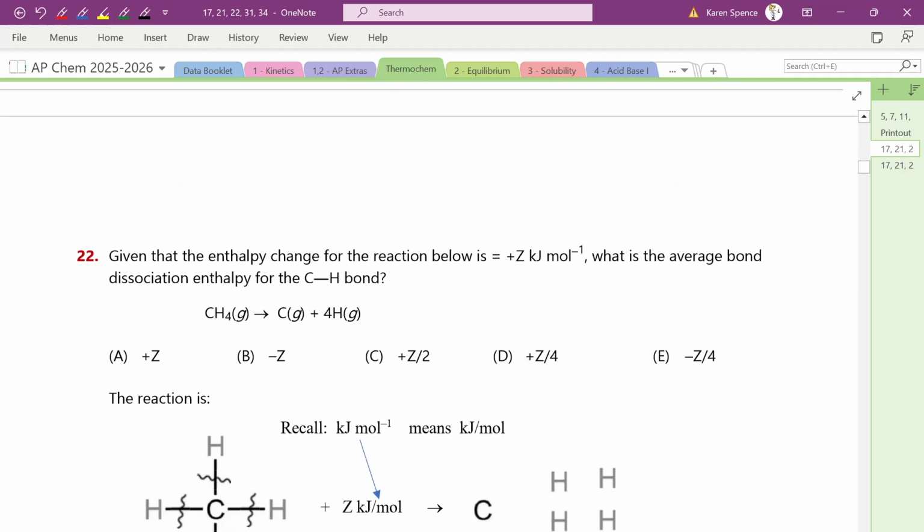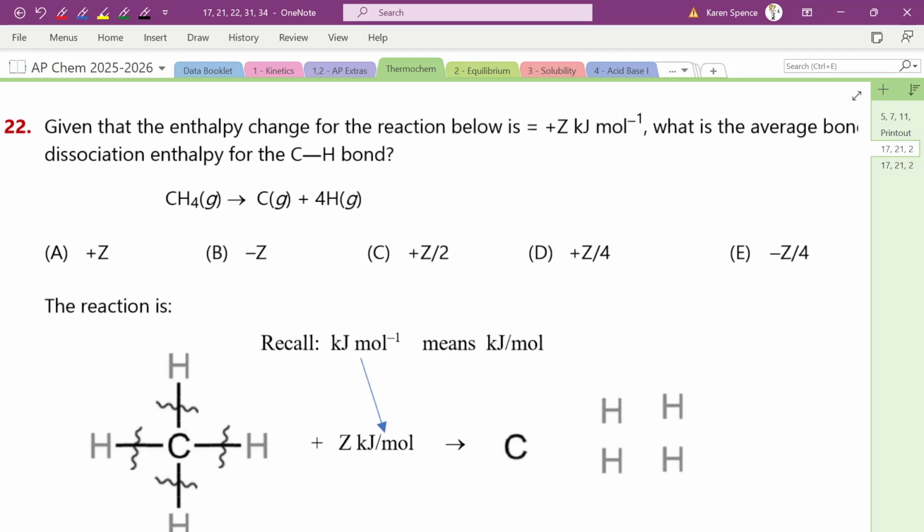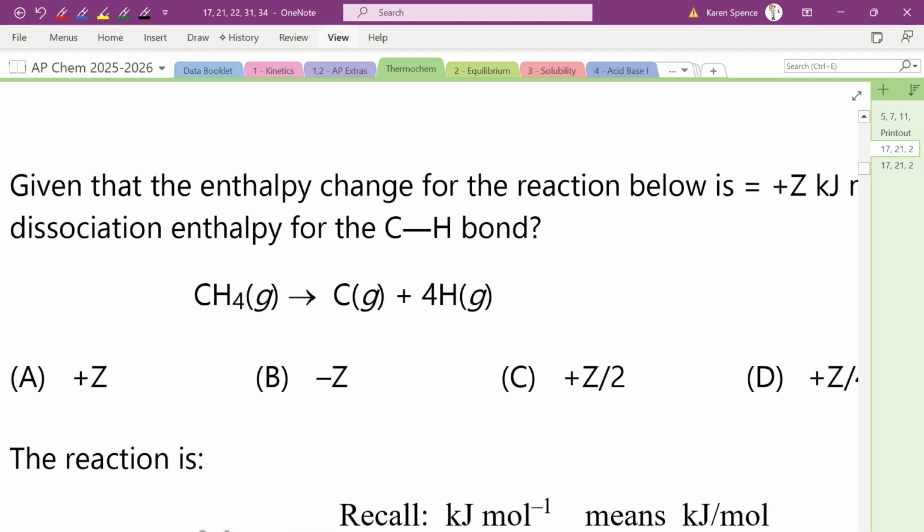Number 22. Given the enthalpy change for the reaction below, and here we have the reaction, we have CH4. What is the name of CH4, the compound? CH4? Methane, remember? 1 carbon, the prefix is meth.